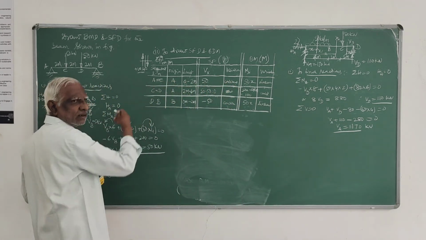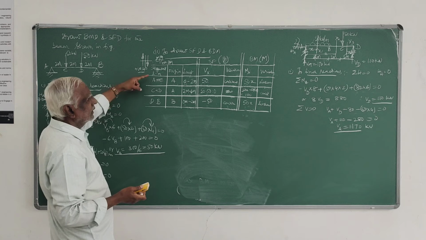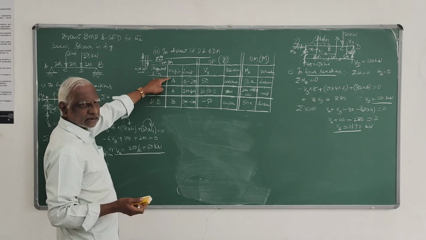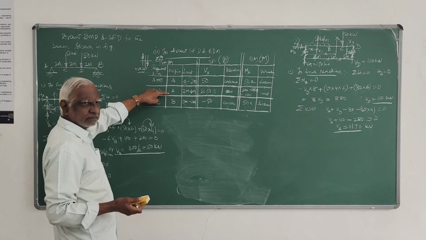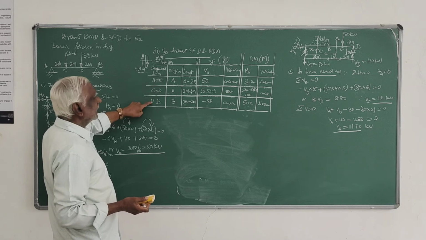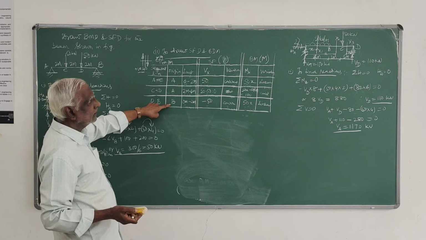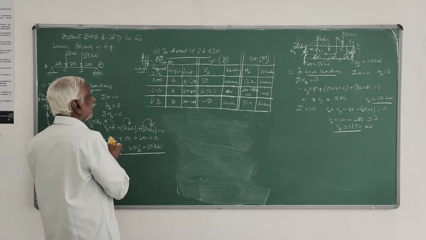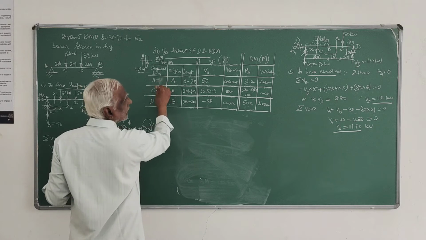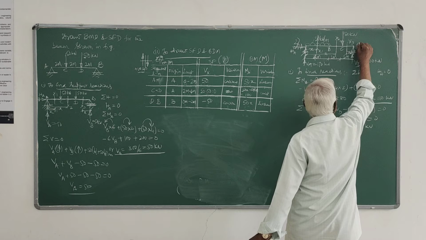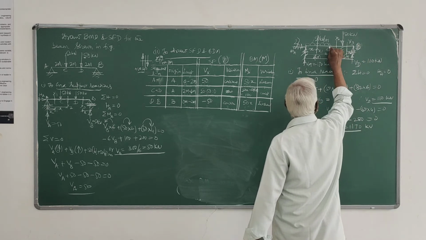So the same thing holds good. Segment A to C, C to D, measuring the distance from A as the origin, then D to B. The reaction values also we have to change.